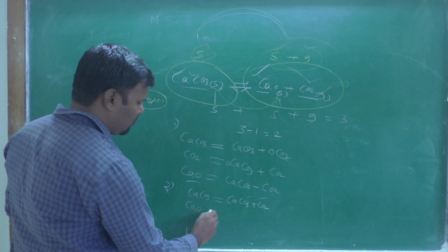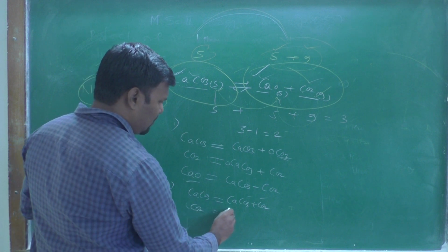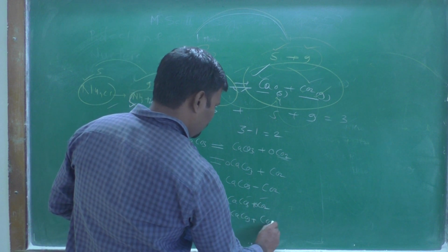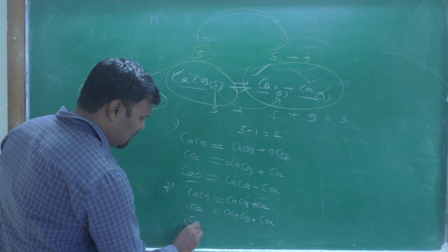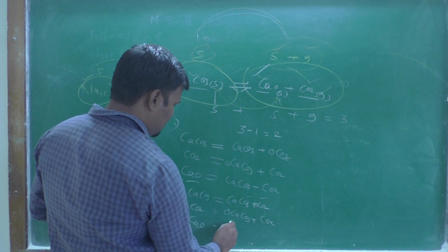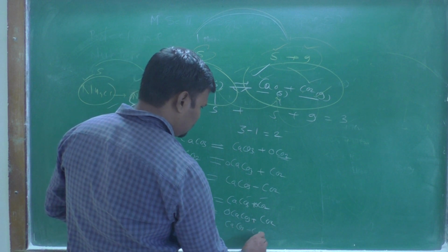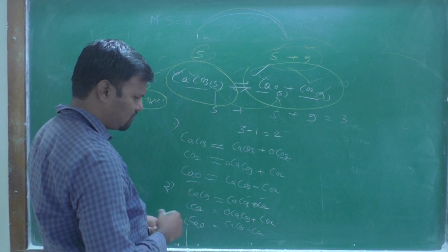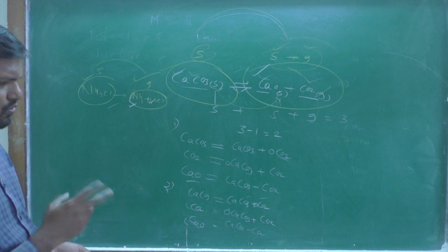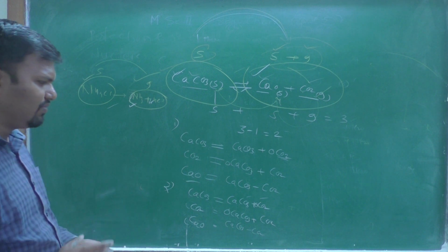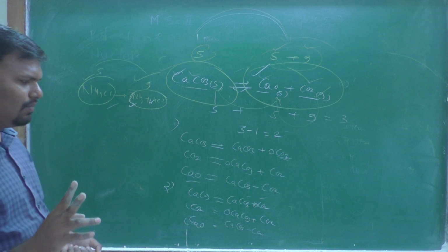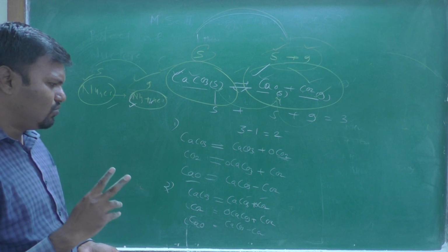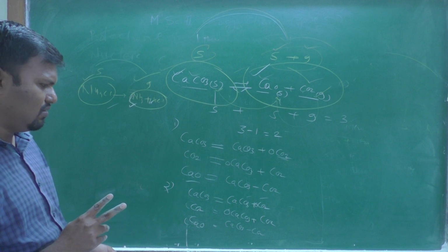What about CaO? You can give CaCO3 minus CO2. In this way, by using only 2 chemical species, you can explain the other chemical species. Therefore, this system is a 2 component system. Remember that important thing.